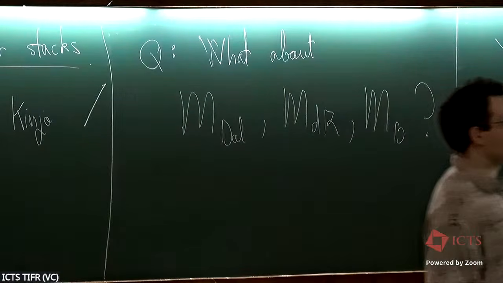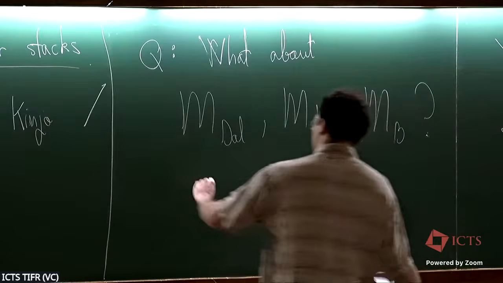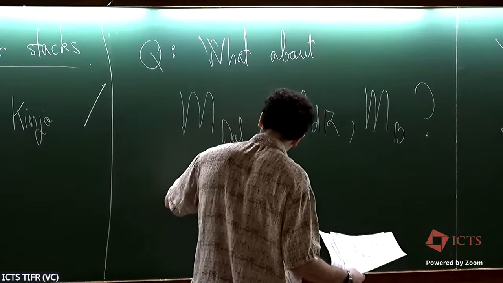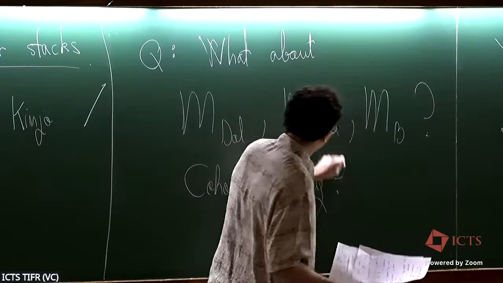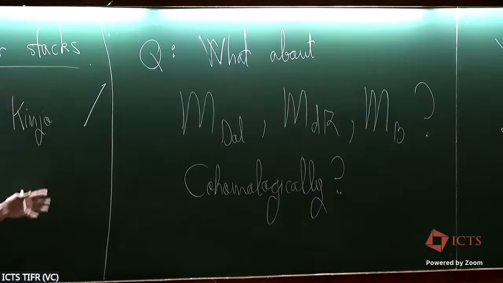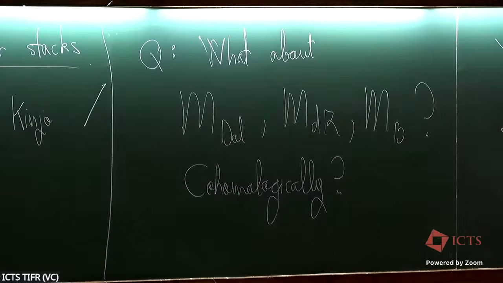And my feeling is that they're probably not homeomorphic, but we can still ask the question cohomologically. So this is what I'm going to address today. Even if we are not able to say whether these stacks are homeomorphic, we'll be able to talk about the cohomology of these stacks, several versions thereof, and establish isomorphisms.